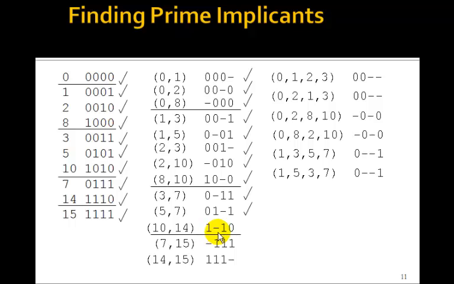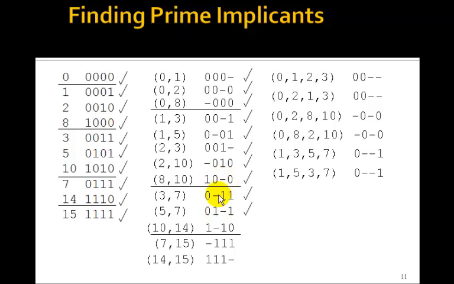How about this one? No, these flip, you see. So 1, 5 doesn't go with 10, 14, even though the dashes line up. So we're done with this one. How about 2, 3? We have a dash here, but no dashes here, so that doesn't do any good. How about 2, 10? There's a dash here, but no dashes here, so that's no good. How about 8, 10 with 5, 7?